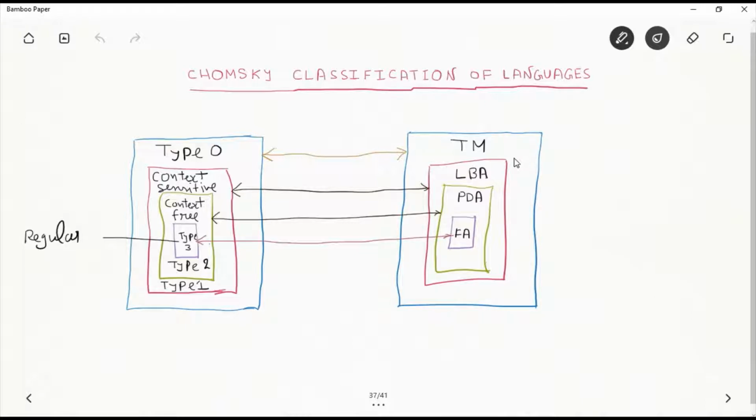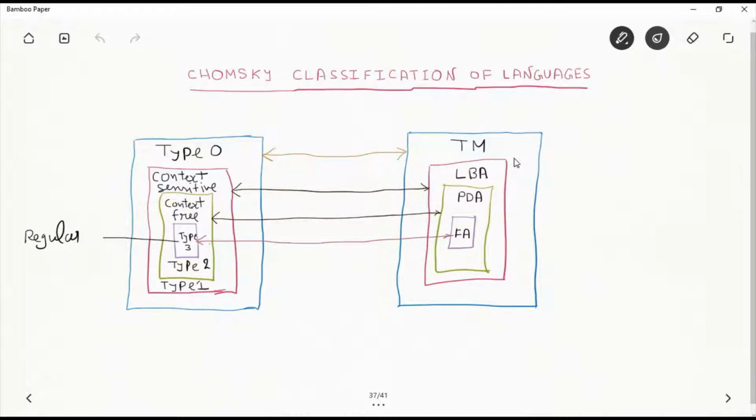So we are going to discuss the Chomsky classification of language. If you remember, we have talked about type 0, type 1, type 2, and type 3 of languages.